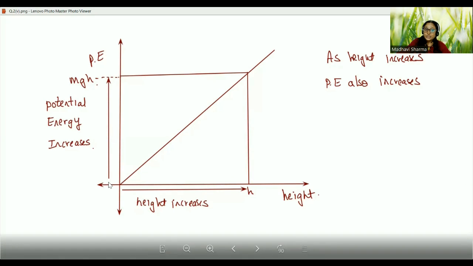So the potential energy goes like this, the height increases, so the graph will be somewhat like this. So mgh is the highest part, and here height is the highest. Potential energy increases. Please do remember to draw the arrow as height increases. Yes, directly proportional. Let's go back.